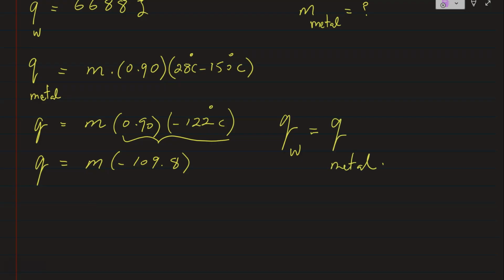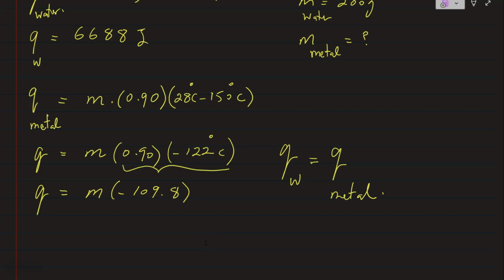The value here is negative, so we have to say that the gain is equal to the loss: 6,688 joules is equal to negative 109.8 m.